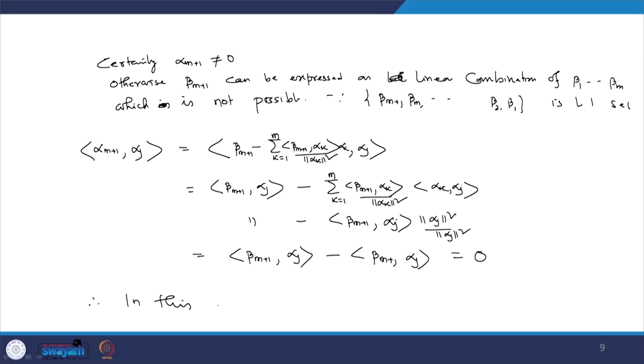So, in this way one can have an orthogonal set of vectors alpha 1, alpha 2, up to alpha n. So, one can have an orthogonal set of vectors like this by this procedure please. Let me take an example.